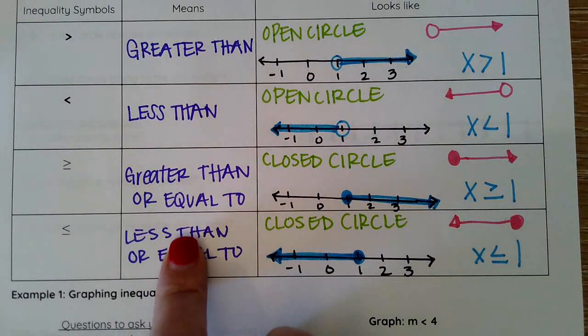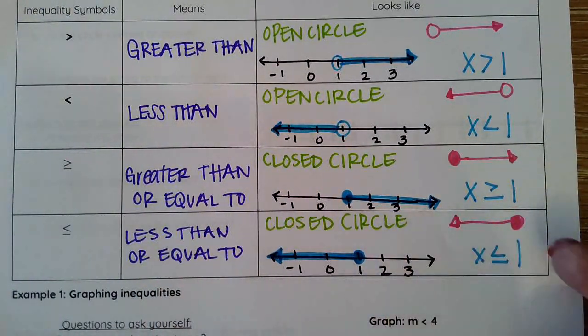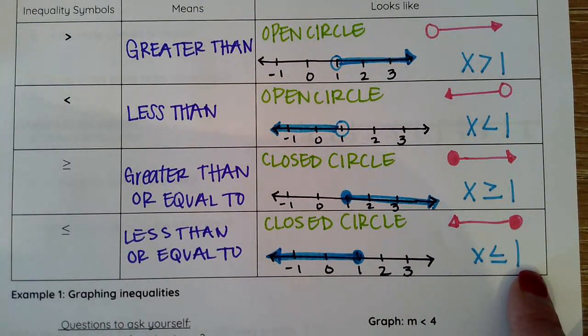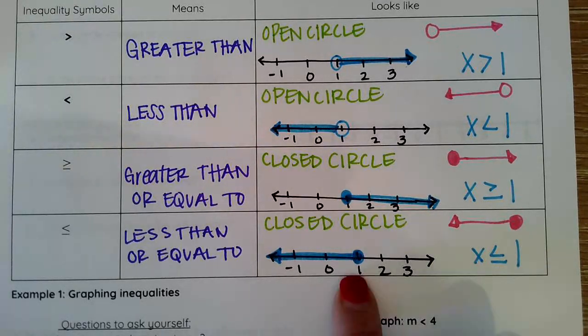Lastly, we have less than or equal to. Again, this is going to be a closed circle, but this time it'll go to the left. If we have the inequality x is less than or equal to 1, that means that our solution set starts at 1, but 1 this time is also a viable answer for x.